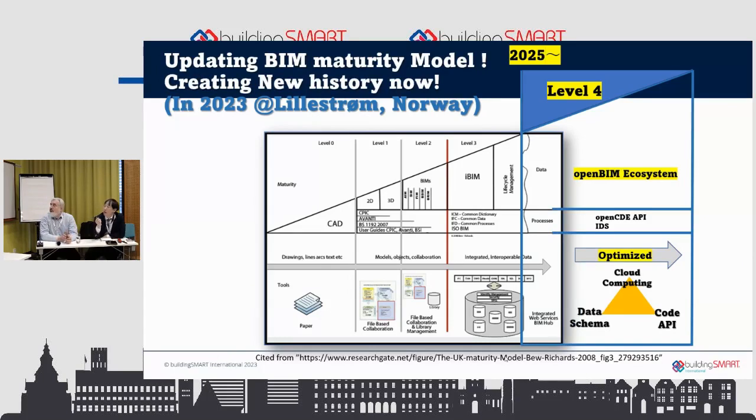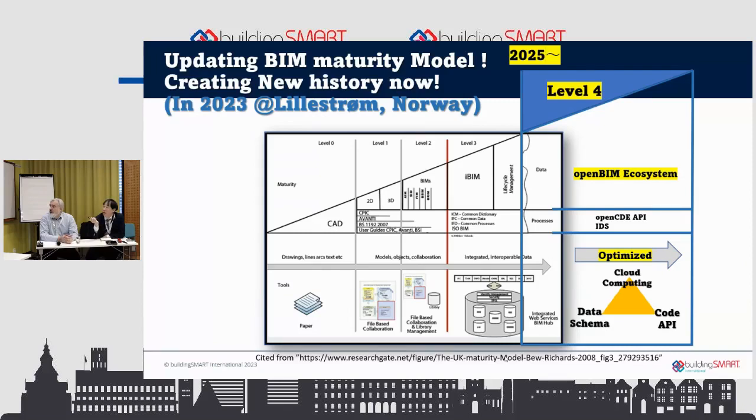And this is the answer, what I want to propose today. So from IBIM, which is level 3, to level 4, I want to propose here the openBIM ecosystem. And it will be under the harmony of 3 things.